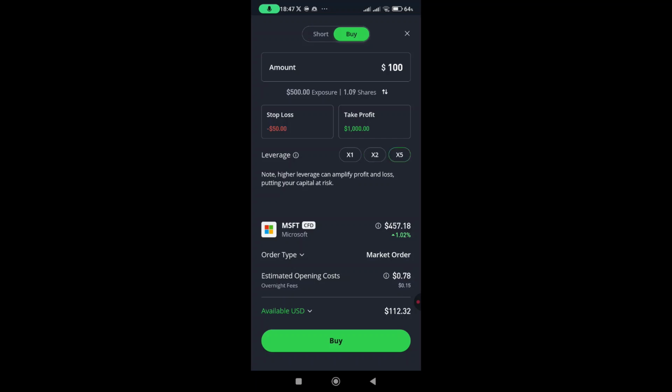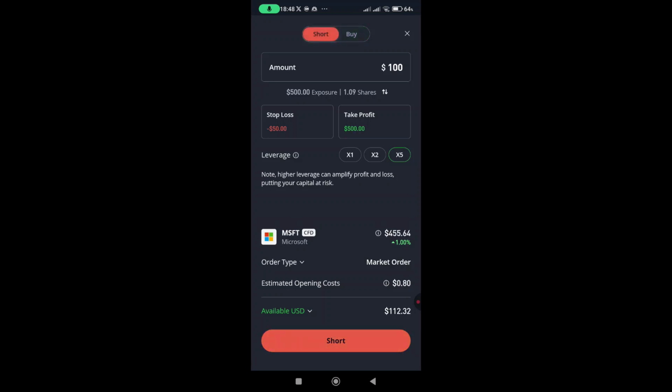And if you 5x, a $100 trade would expose you to $500. So as you're seeing here, the risks are much more significant. And the overnight fees, as well as the estimated opening fees, are higher as well.